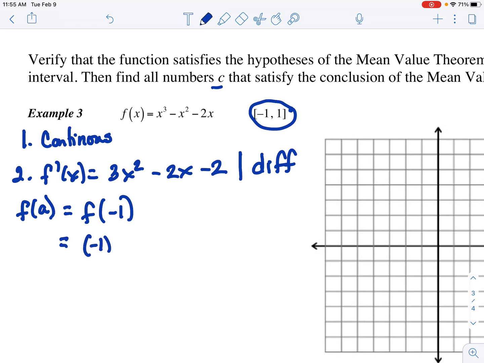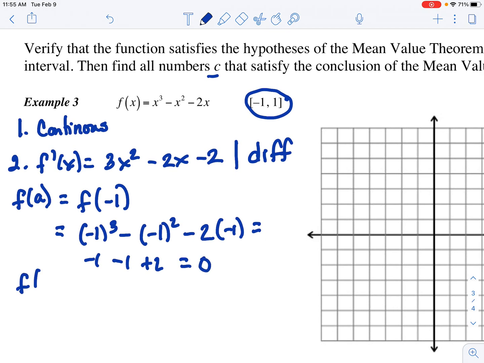That is -1 cubed minus -1 squared minus 2 times -1, which equals -1 minus 1 plus 2, which equals 0.